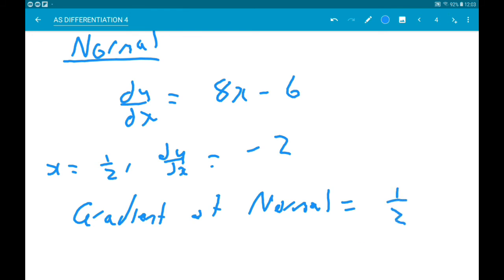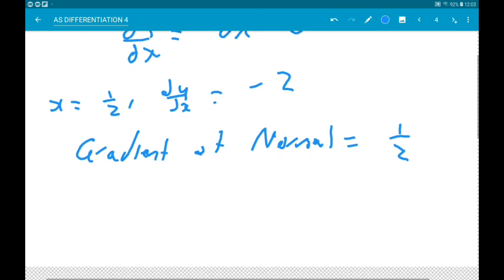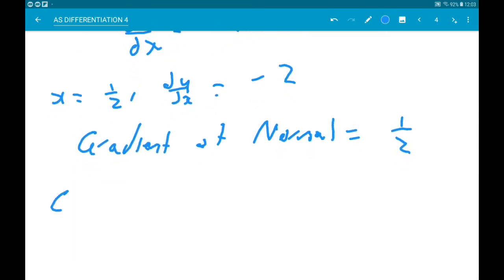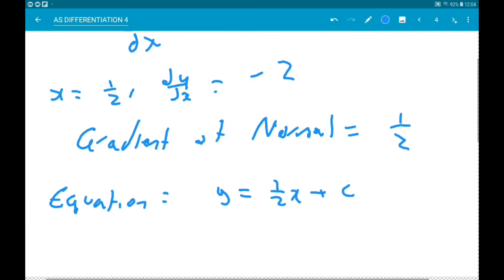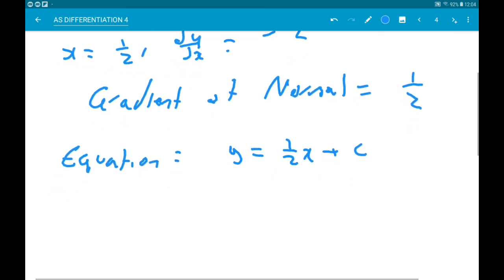Okay, now for the equation of the normal, we now know it's going to be y is half x add c. To find c, we plug in the coordinates of P. So x is a half, y is 2.